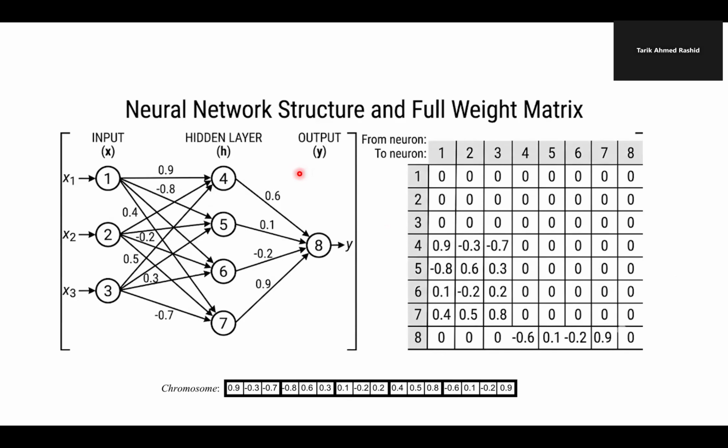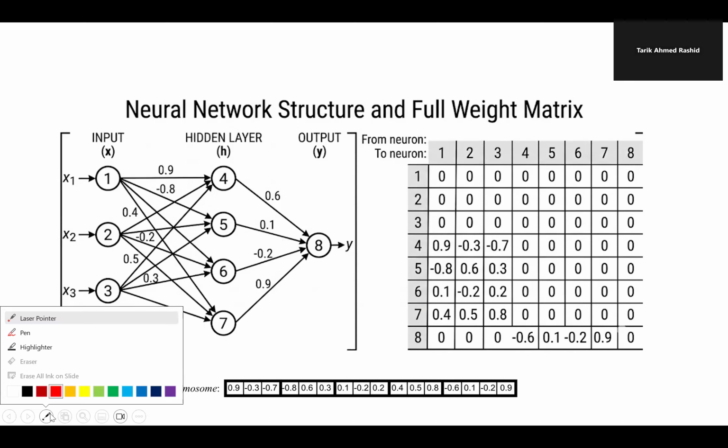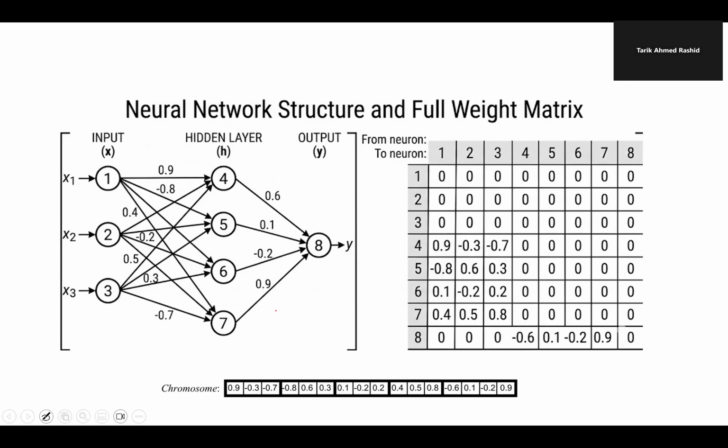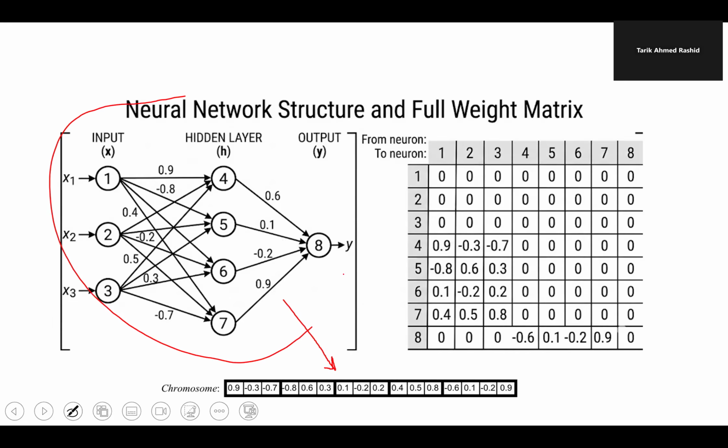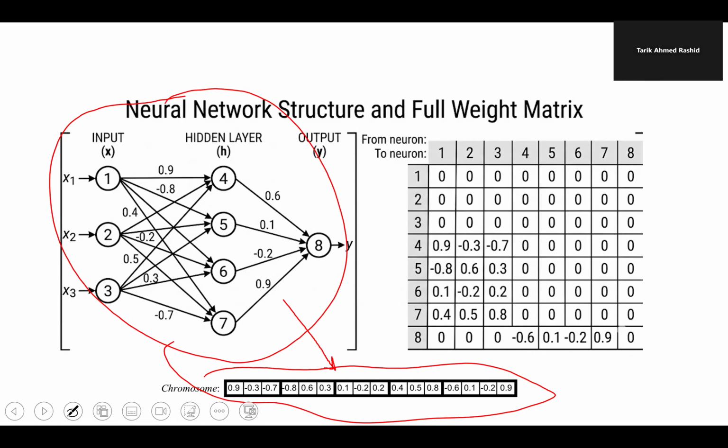Here we have a weight matrix in the neural network, and the whole weight matrix can be represented in a chromosome. So this whole weight matrix is a chromosome. The whole network of weights can be represented in this chromosome. So 0.9 is the connection between 1 and 4.